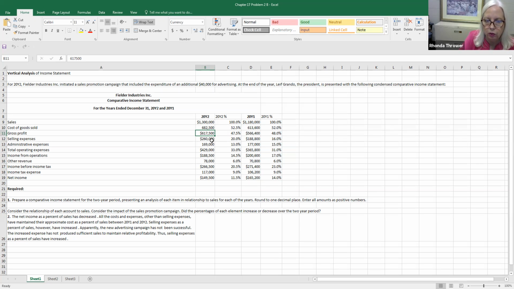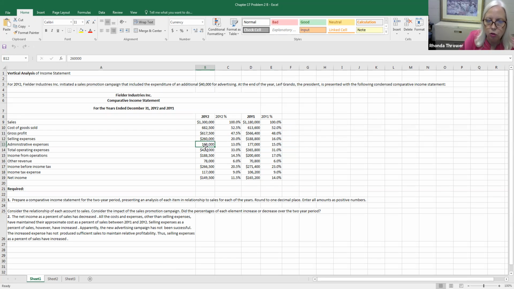Your selling expenses are done exactly the same way. Take the amount of the selling expense and divide it by the sales, and that will give you the vertical percentage for selling expenses.